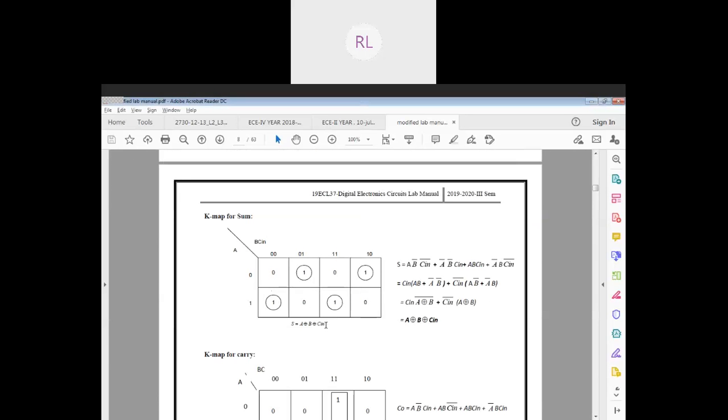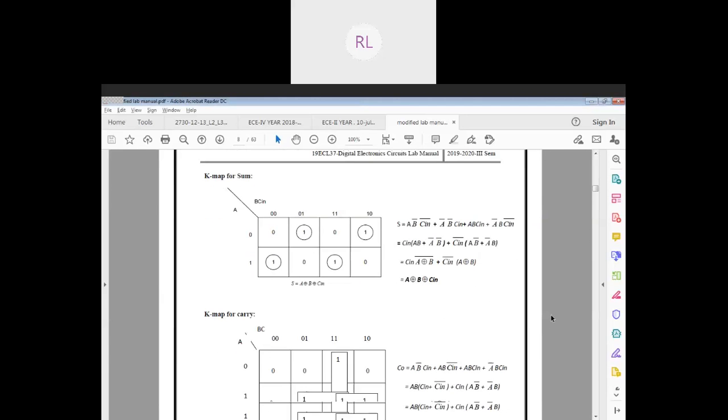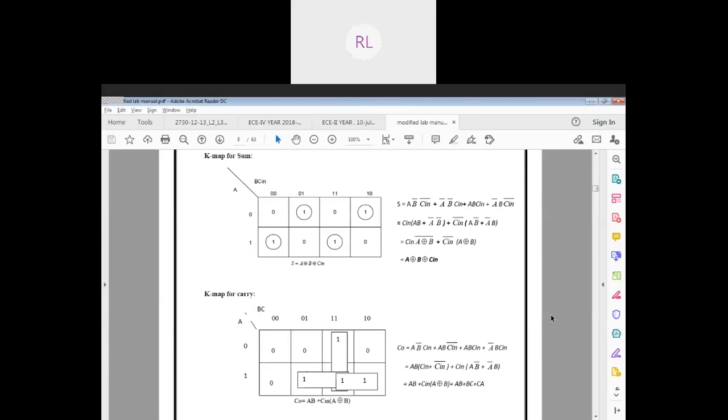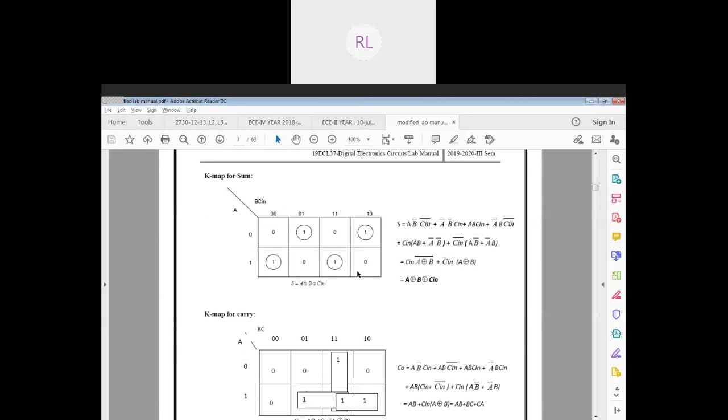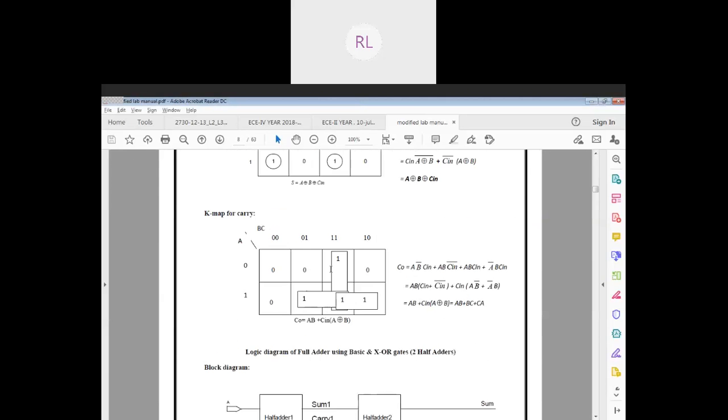You will have to make use of your K-map. So just look for all the high values here, and accordingly you can value your squares. For example, 0, 1, 2, 3. So 0, 1, so 1 is high, right? So at 1 it is high. So similarly, take all the values from here and load your K-map.